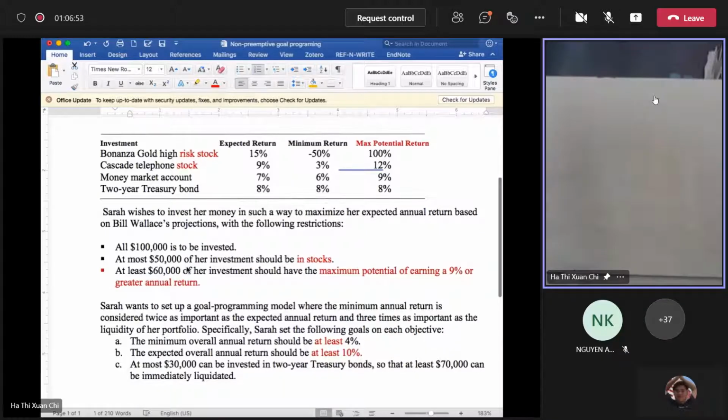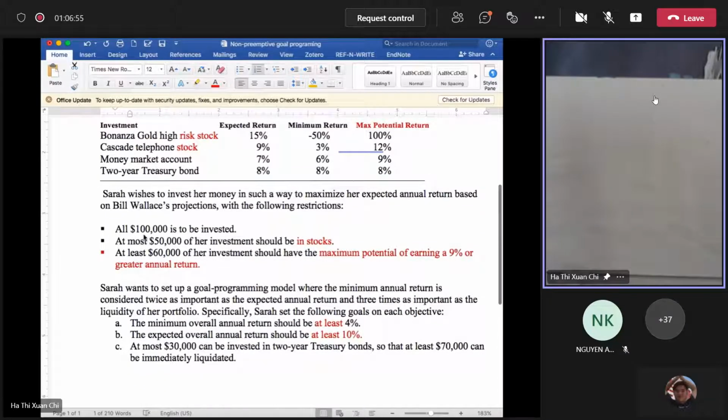So she has 100,000 to invest. She also wants 50,000 in stock. At least 60,000 of the investment should have a minimum potential earning of 9% or greater annual return.